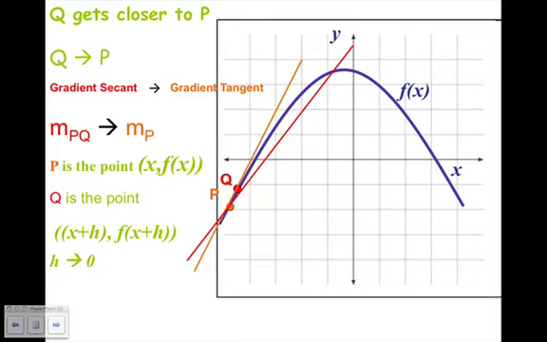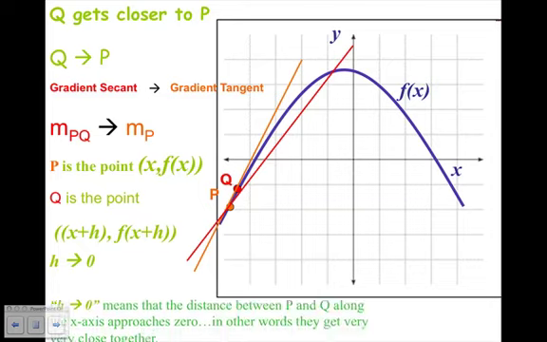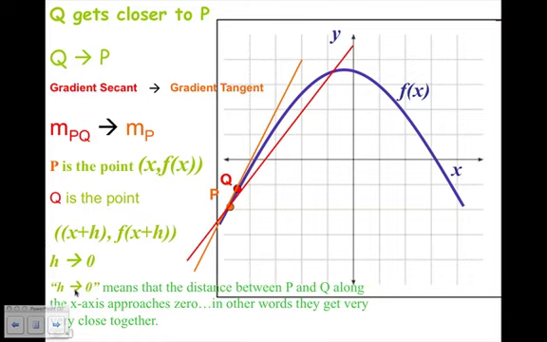Using that letter h to represent the distance between P and Q on the x-axis, see here with my cursor I'm pointing to the x-axis, so here is approximately where on the x-axis P is, and if we go a little bit further along, then you find Q. And the distance between P and Q on that x-axis is h units. h approaches 0 means that the distance between P and Q along the x-axis approaches 0.